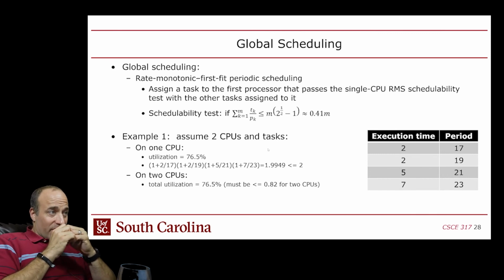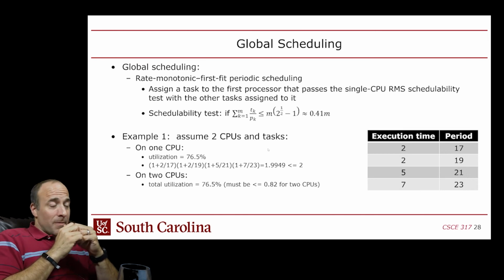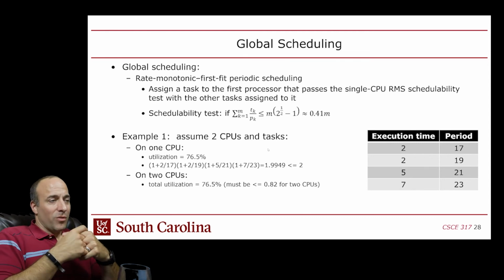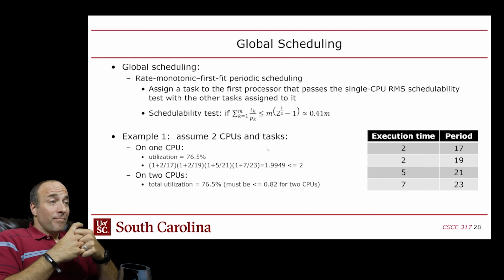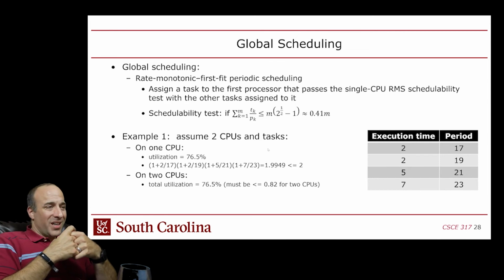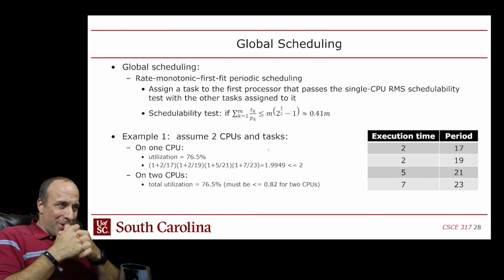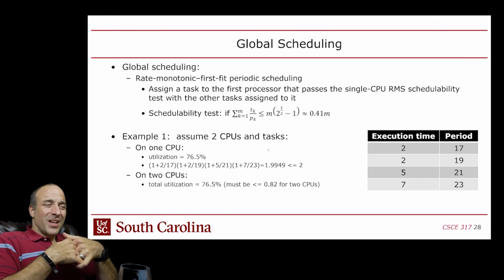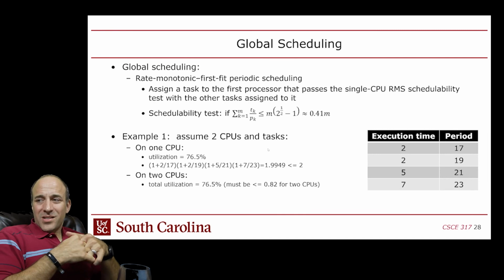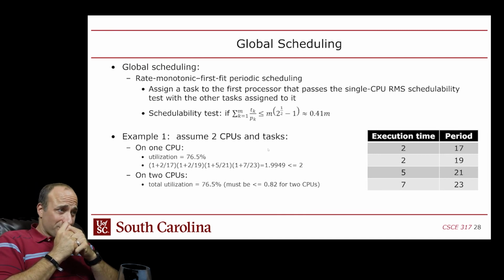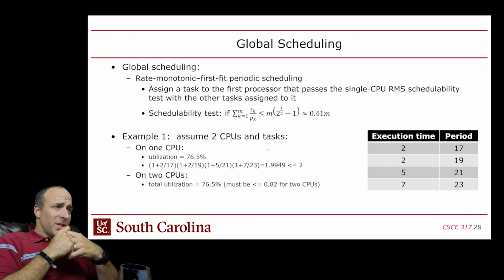And if that number is less than or equal to m, where m is the number of processors, times the square root of 2 minus 1, which is 0.41, then it'll schedule, which is not really that great, because that basically means that you're not going to get necessarily very high utilization of your processors. But that's a common problem in parallel computing. So let's look at an example.